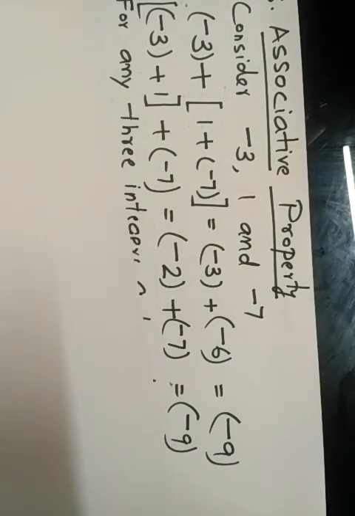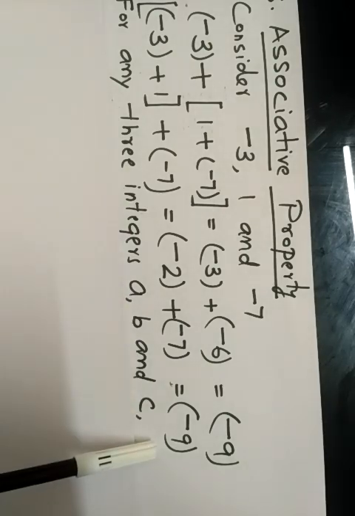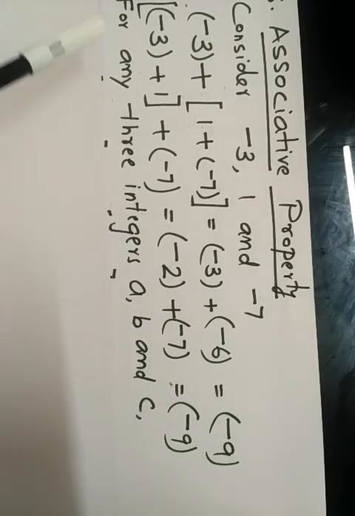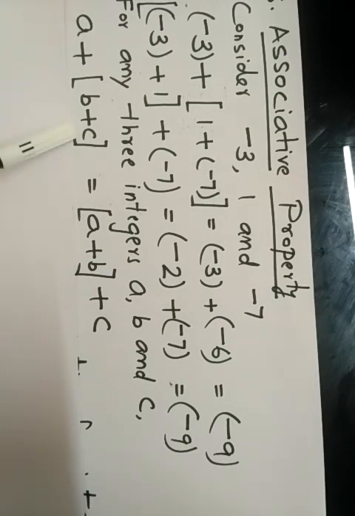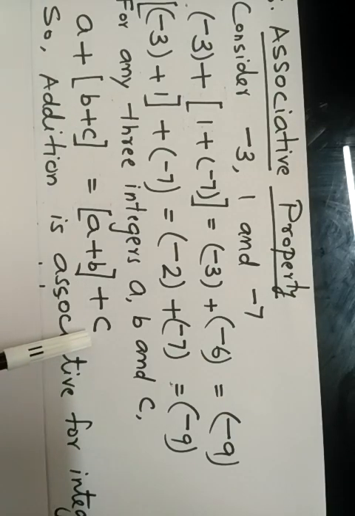For any three integers, we can generalize it like this: for any three integers a, b and c, (a plus b) plus c is equal to a plus (b plus c). So we say addition is associative for integers.